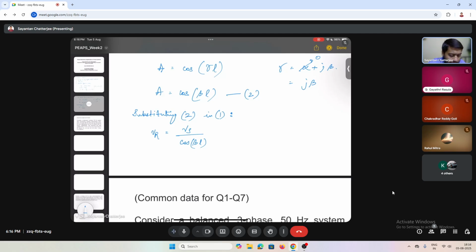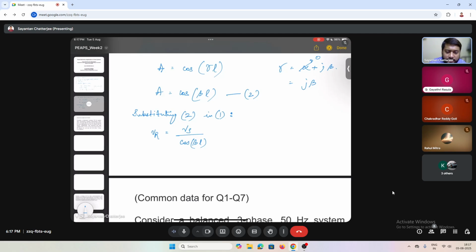So in any case, considering a long transmission line, the maximum value of cos beta L will be 1. If the value reduces, the minimum value would be 0, but let's not consider 0 here.